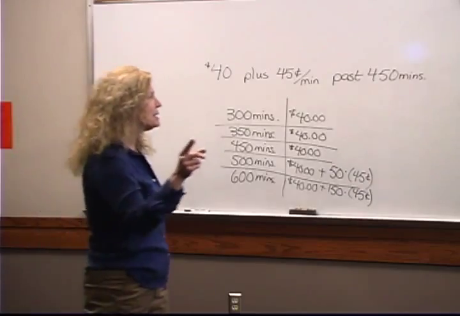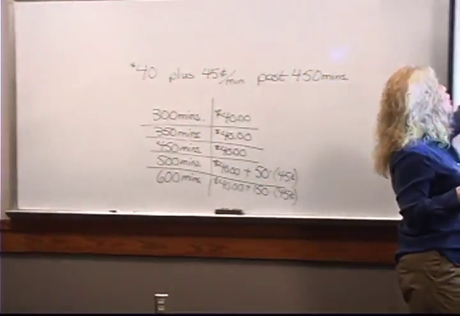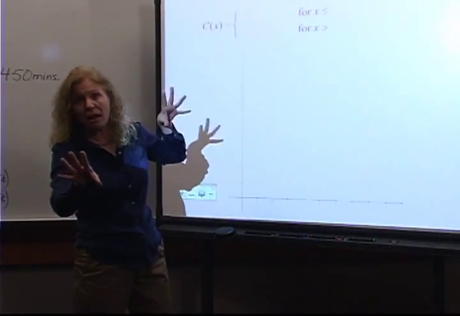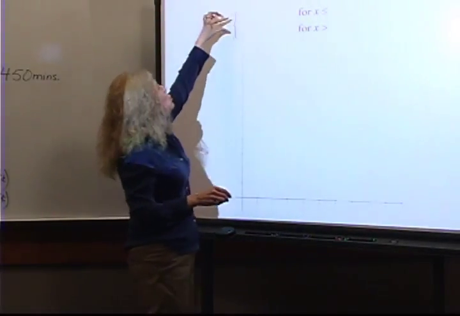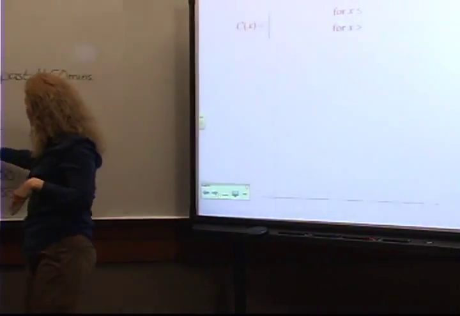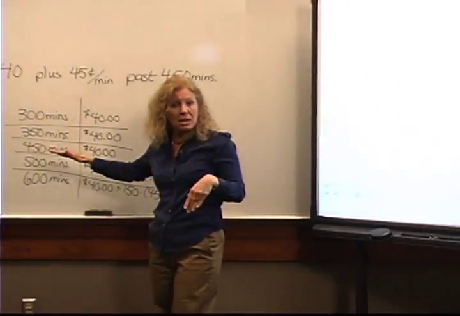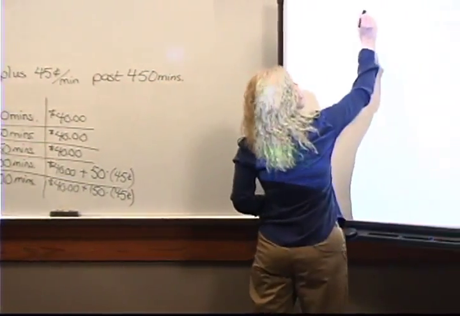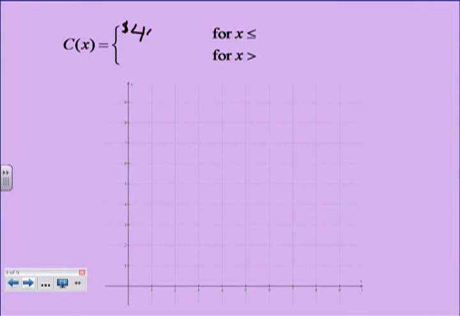Now, what we mean by piecewise is this. You're going to write a function, and it can have as many pieces as you like, but we're going to start with just two. We're going to have one piece for this first situation, okay? Well, that means that my beginning cost is just a flat $40, okay?